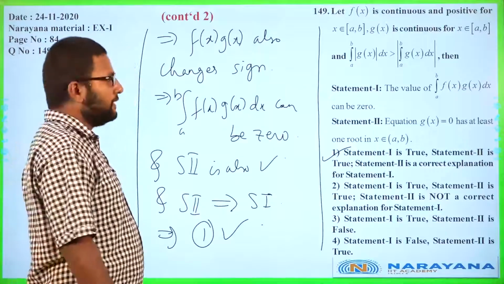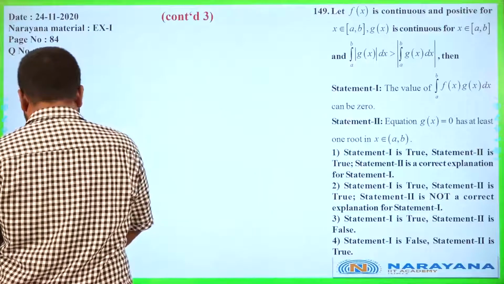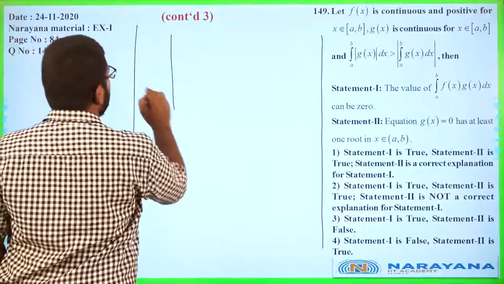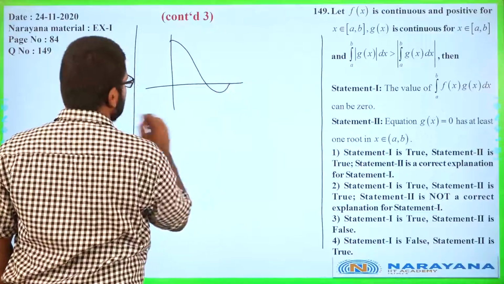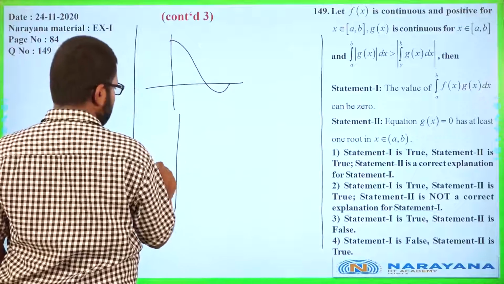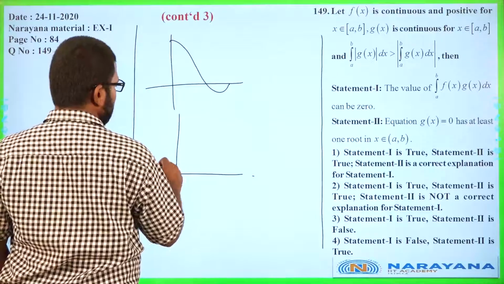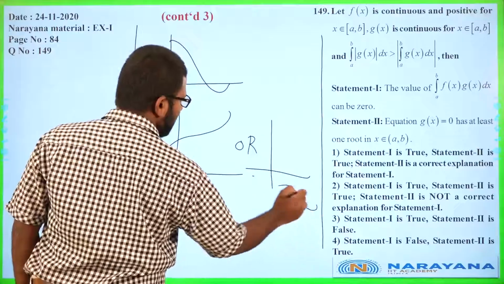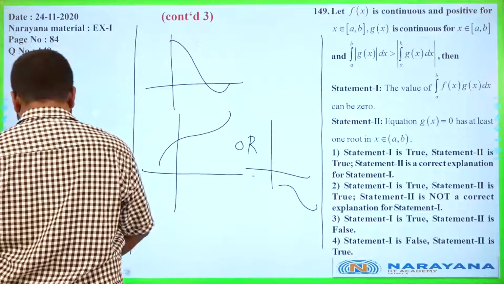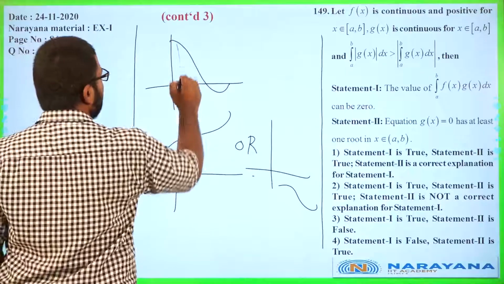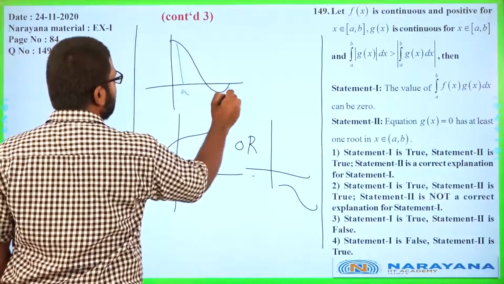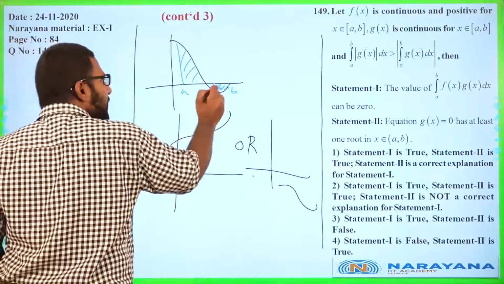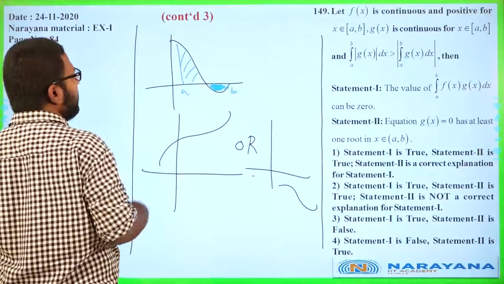Got it? Okay. Now, just in case some of you were not able to visualize this, think about it like this. If your fx goes a little bit like this, or entirely like this, or entirely like this, then notice that when we integrate fx from, let us say, a to b, some negative area will get cancelled.